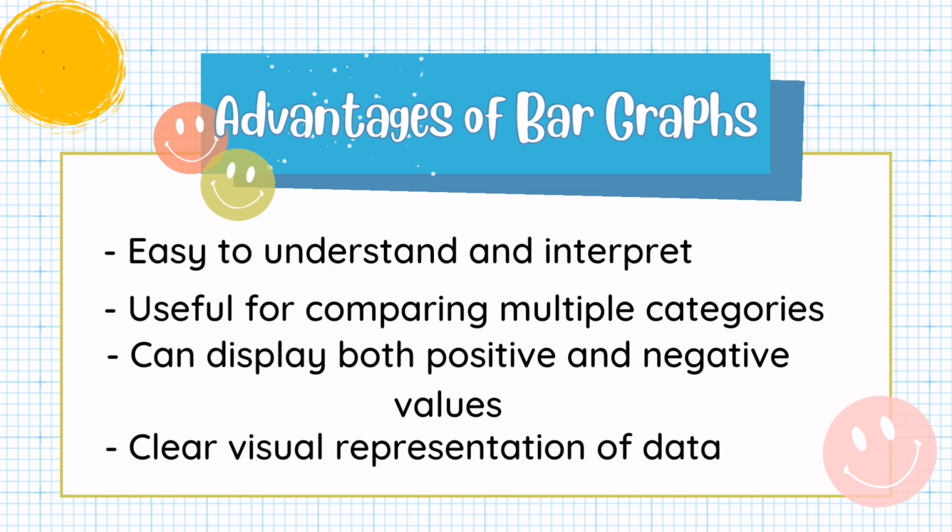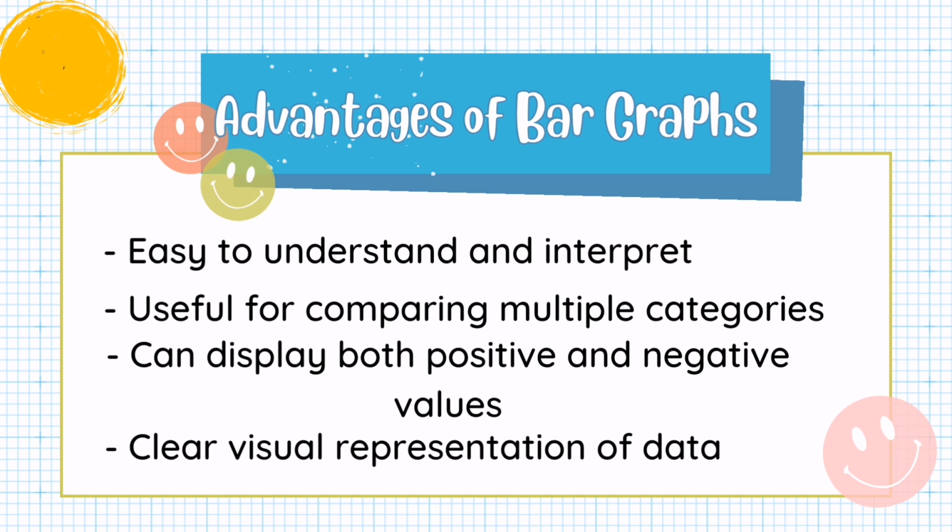For example, if you want to compare the population of 5 cities, a bar graph will quickly show which one is the largest. They can show both positive and negative values like profit and loss. And most importantly, bar graphs give a clear picture of the data that helps us spot patterns or differences right away.